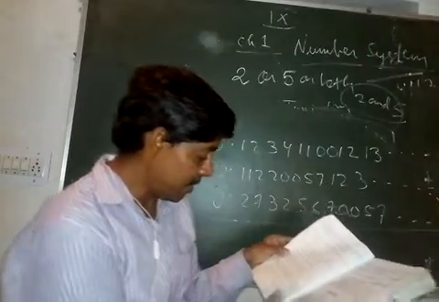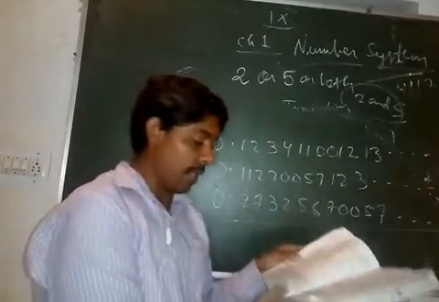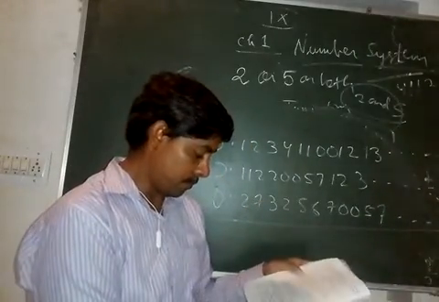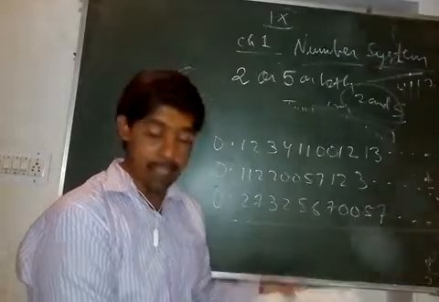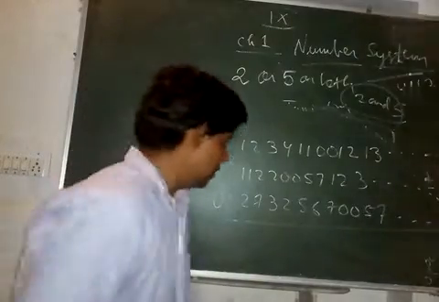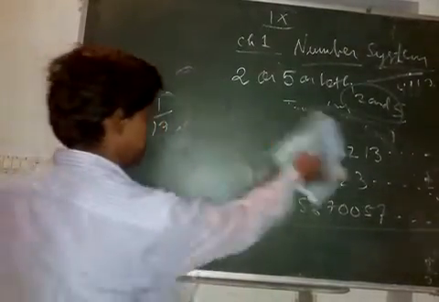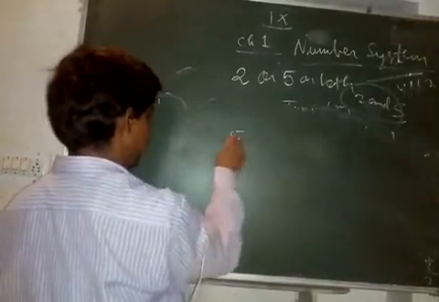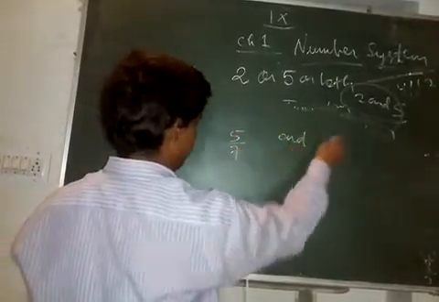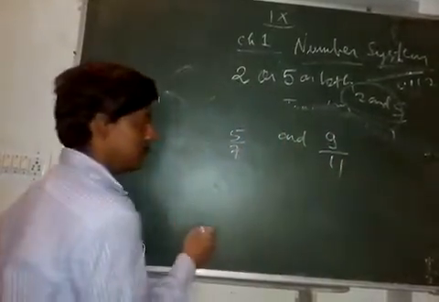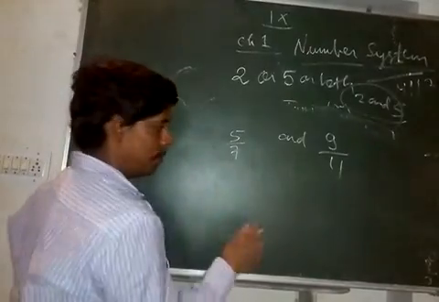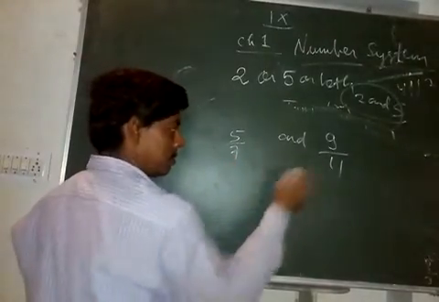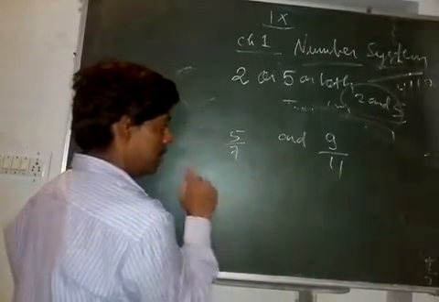Find 3 different rational numbers between 5 by 7 and 9 by 11. Suppose you have 5 by 7 here and 9 by 11. What is the decimal of 5 by 7? This is non-terminating, and so is 9 by 11, so you need to divide them and find out.